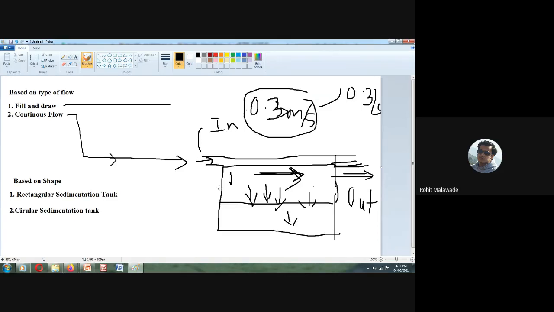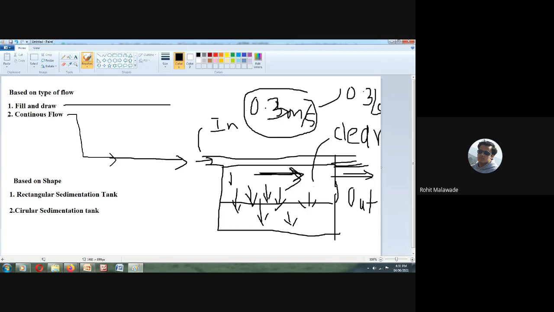Once the particles settle, at the top we are left with clear water. Not completely clear, but comparatively clear water.